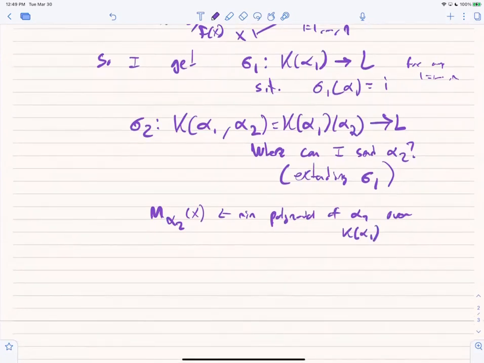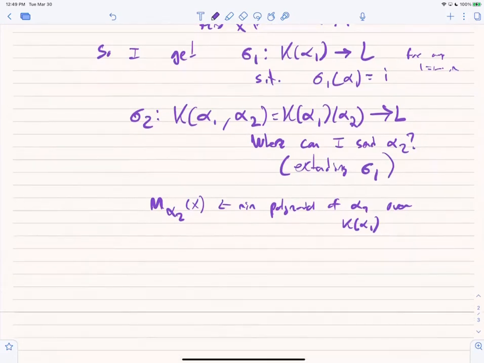And then K(alpha 1, alpha 2) is isomorphic to K(alpha 1)[x] mod M(x).